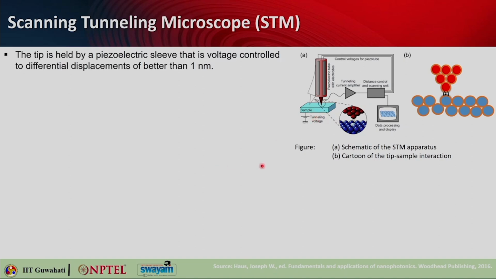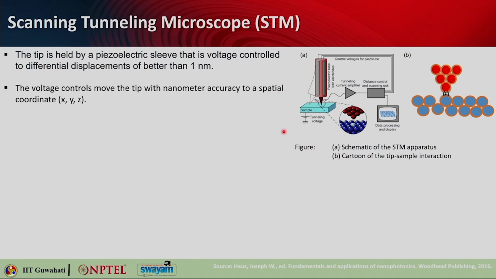The tip is held by a piezoelectric sleeve, as you can see here, that is voltage controlled to differential displacement of better than 1 nanometer, and the voltage control helps you move the tip with nanometer accuracy in the spatial coordinates like x, y, z.